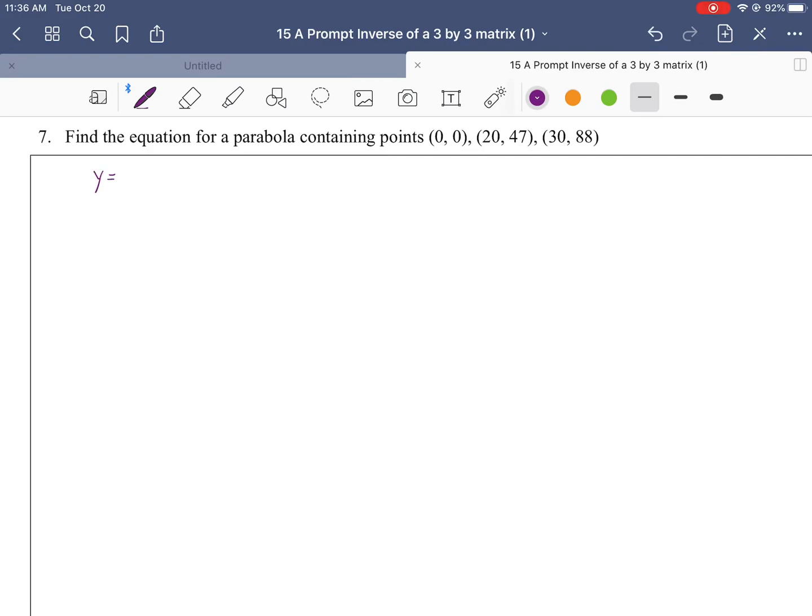We know that the standard form of a parabola is going to be y equals ax squared plus bx plus c. And we can put these points into the equation to develop our matrix. So starting with the first one, y is 0, and we have 0 for x as well.